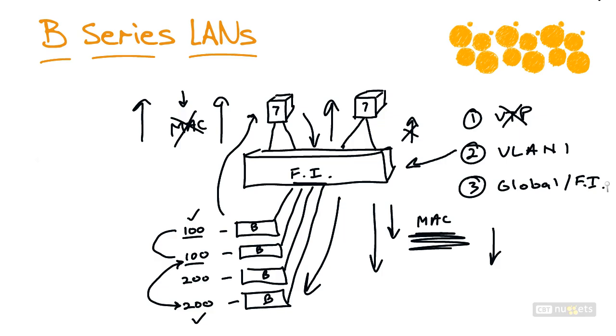Remember, you could have fabric interconnect A and fabric interconnect B, and they potentially could have different VLANs. This is, as you might guess, a rare configuration, and it's most typical that we want global VLANs across both fabric interconnects so that the same layer 2 domain is shared between those fabric interconnects.